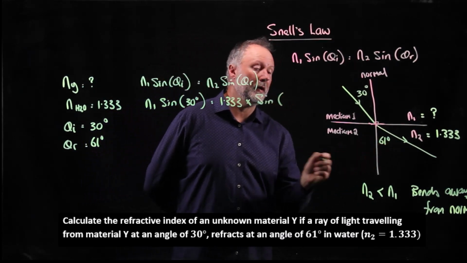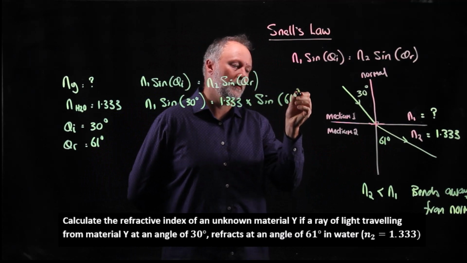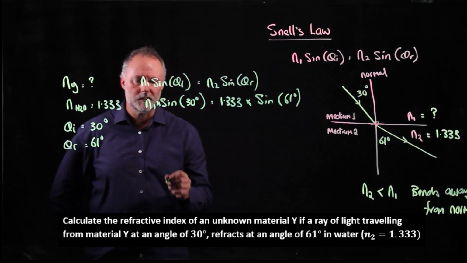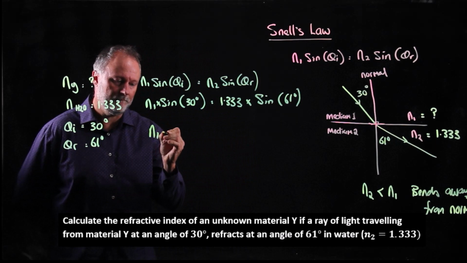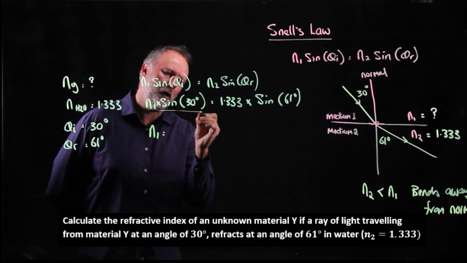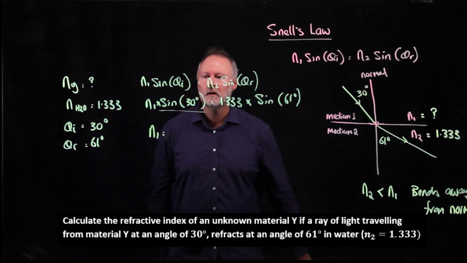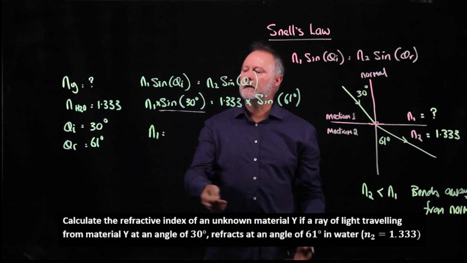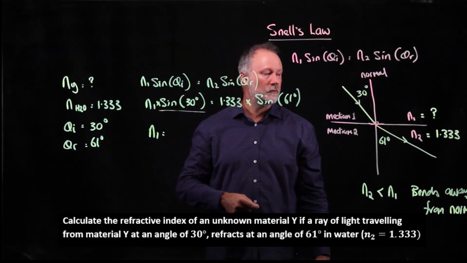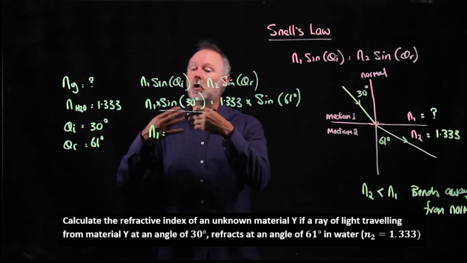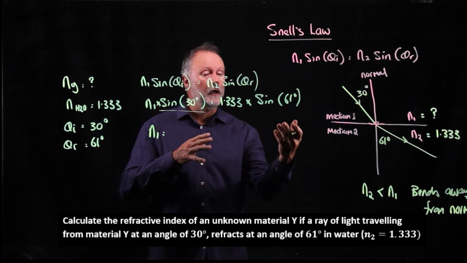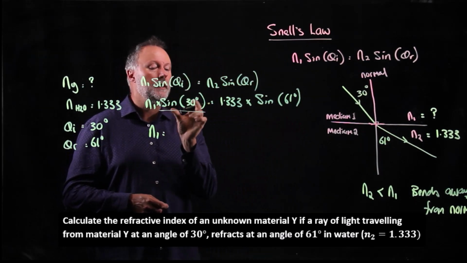Sine, our angle of refraction is 61 degrees. Okay, we want N1 by itself. At the moment, it's got times by sine 30. Now to move this over to the other side, so you leave N1 by itself, which is what we're trying to solve, instead of timesing by sine 30, I'm going to divide the right-hand side by sine 30.